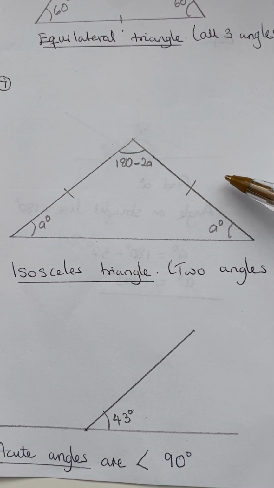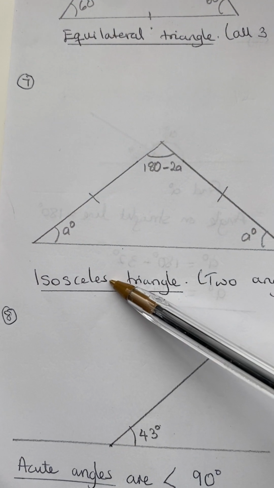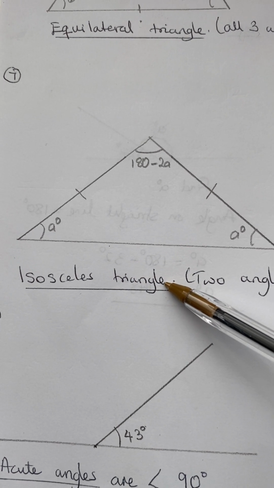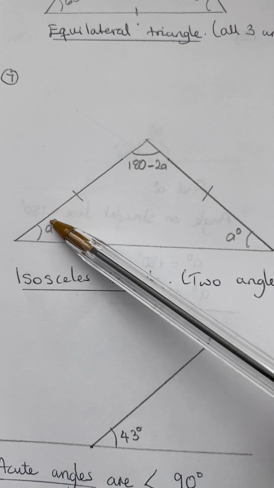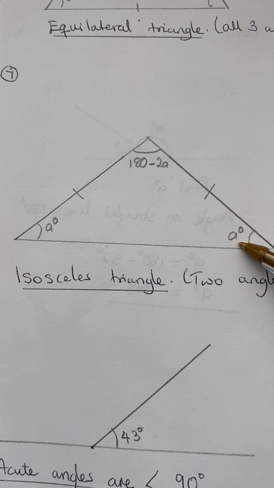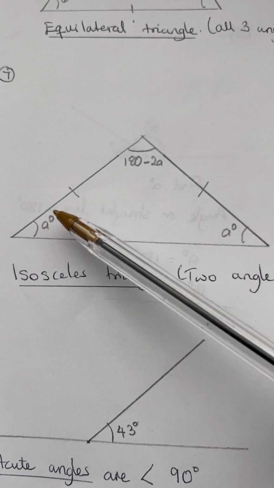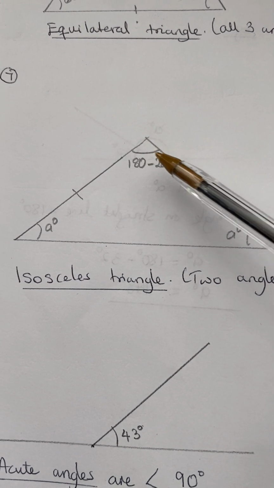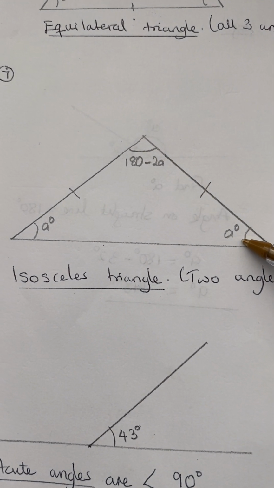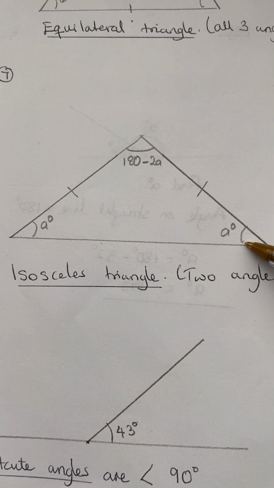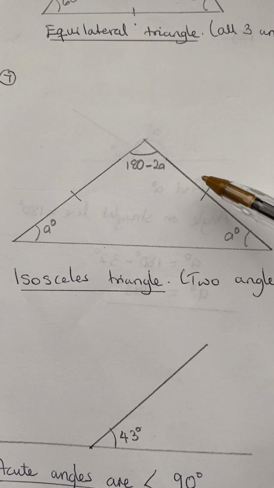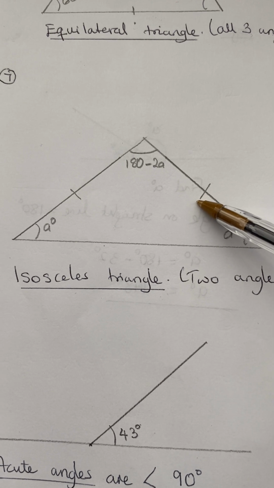Now, the seventh one, isosceles triangles. Here two angles are equal, so you can have this angle and that equal, and that one is not. Because this angle and this angle are equal, the length here is equal.